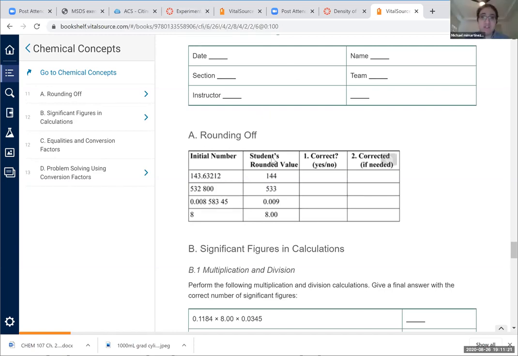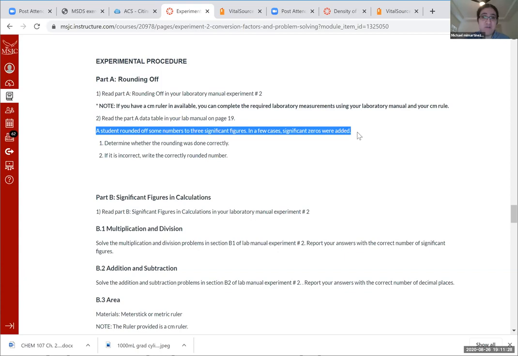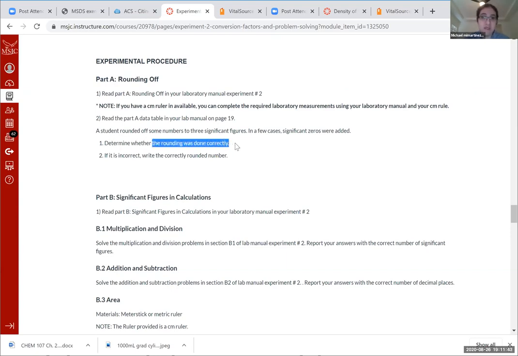So essentially what's going on in this table, just to go to the instructions, they essentially provide you a student response. So this is what a student has submitted for their answer. Your job is to determine whether the student has rounded this provided number.